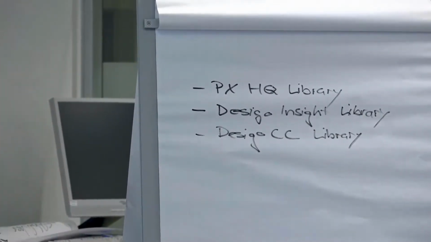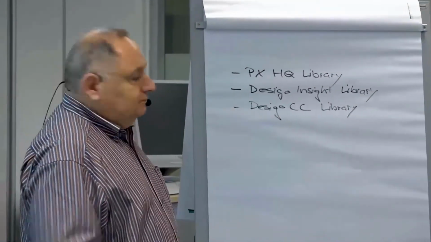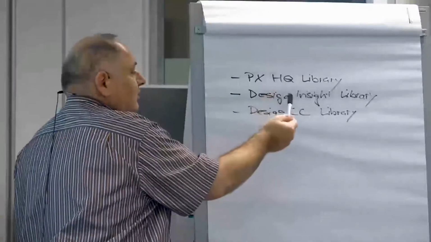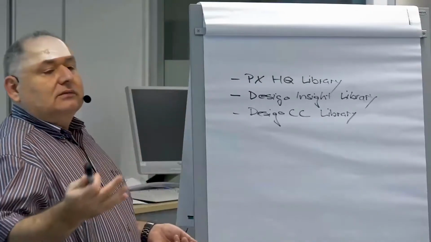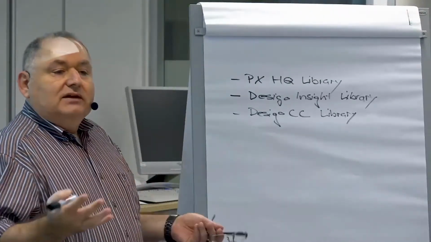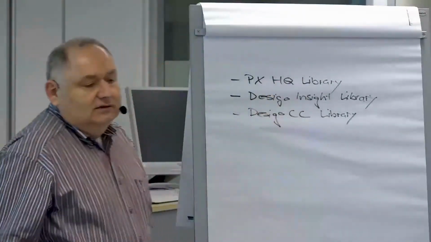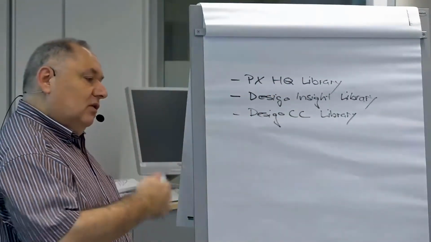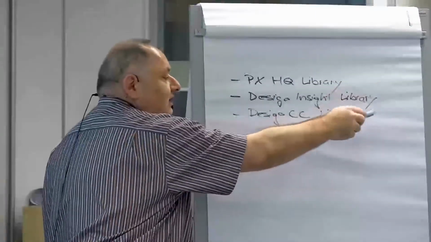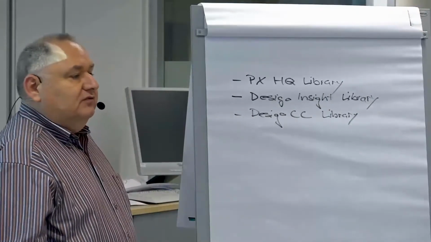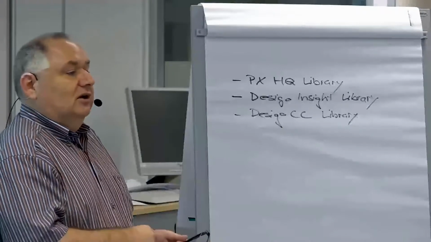So what is delivered from the headquarter, basically as a solution, is based on those headquarter libraries. Okay, and now, depending on how the libraries look, the ones which you are using in the PX, in the Desigo Insight and in the Desigo CC, there might be differences. Certain things will work, certain things won't work, okay?